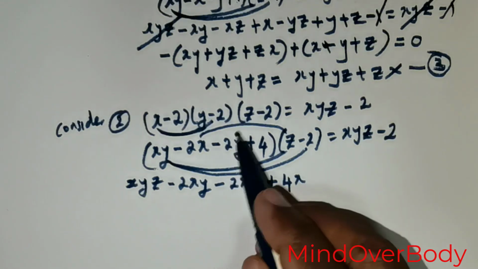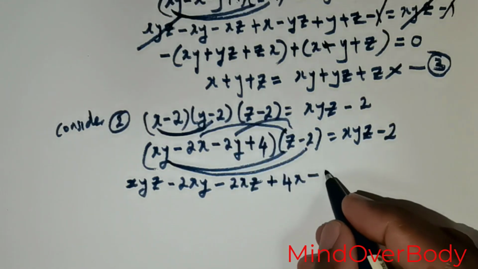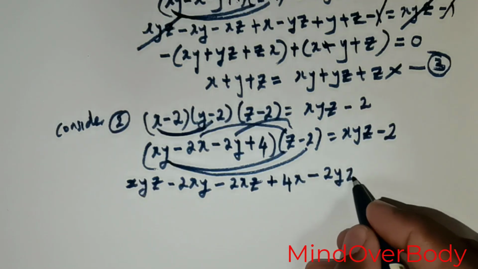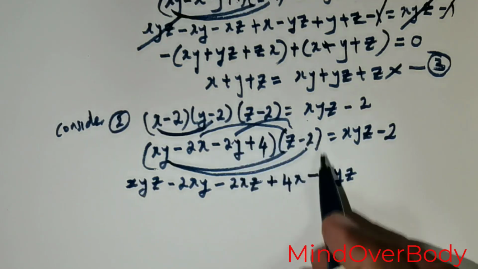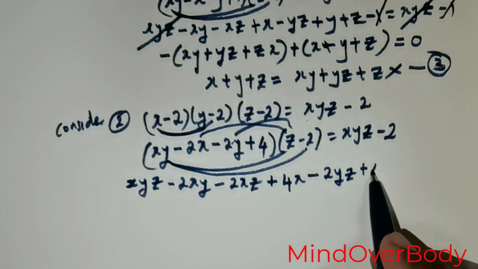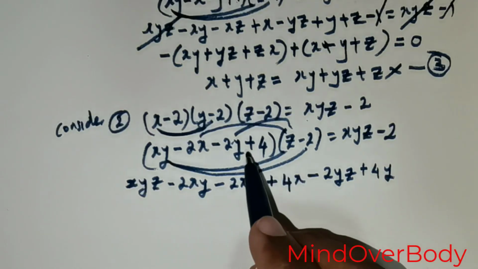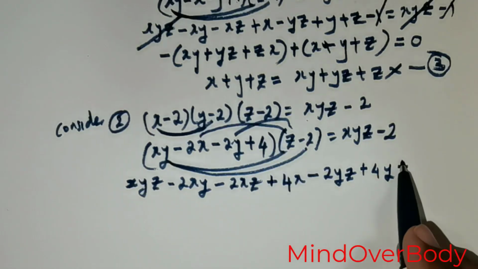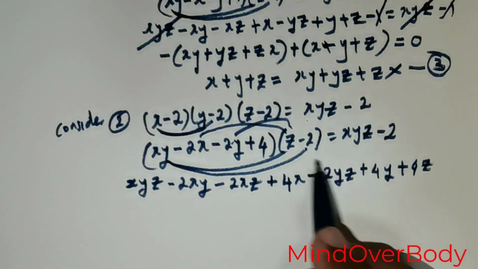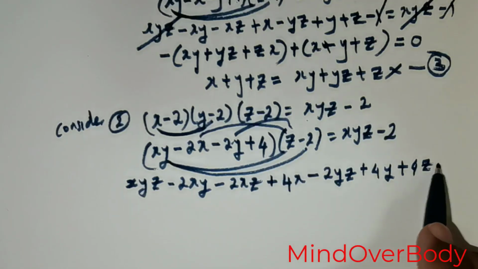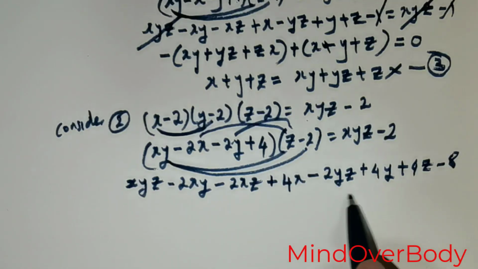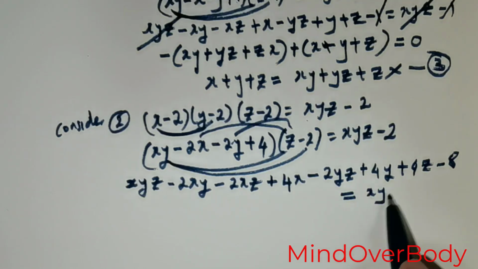Then negative 2y into z, that's negative 2yz, and negative 2y into negative 2 is positive 4y, and then 4 into z, and then 4 into negative 2, that's negative 8. On the right side I get xyz − 2.